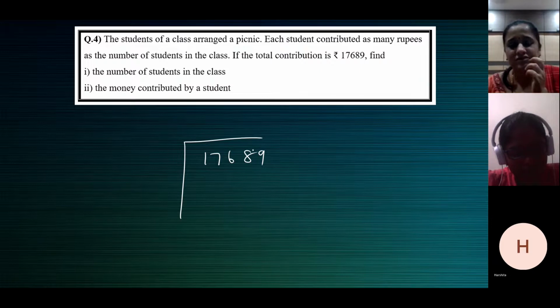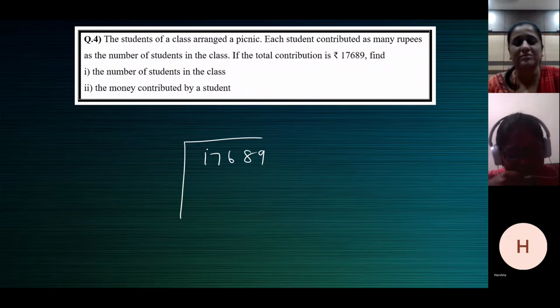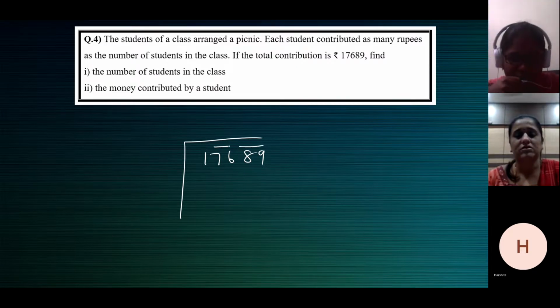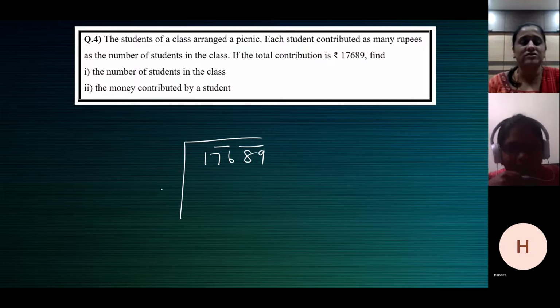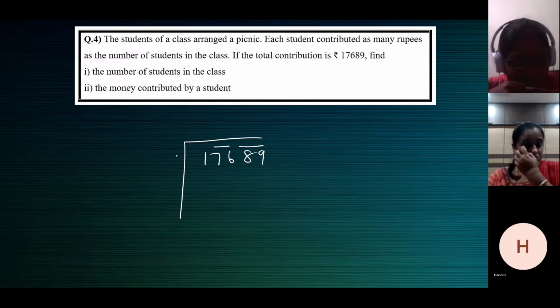How did you group the numbers? 17 makes a pair, then 76, 89. Then what are the numbers you got on the side here? And I got 1. Okay, then next step.